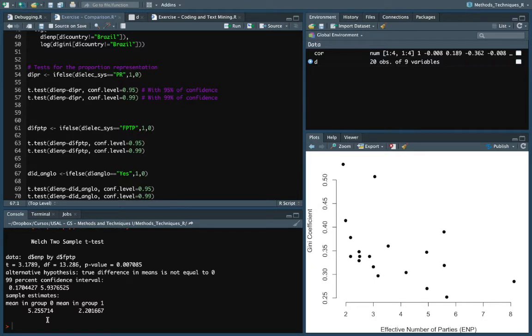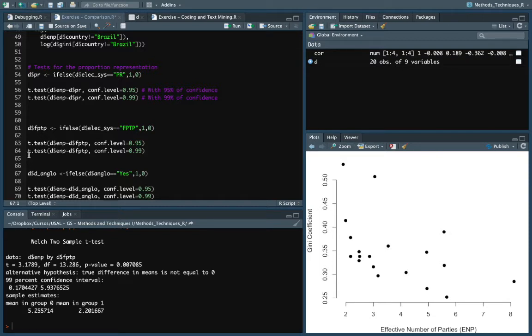So having first past the post decreases the effective number of parties, and this is with a confidence of 99%.